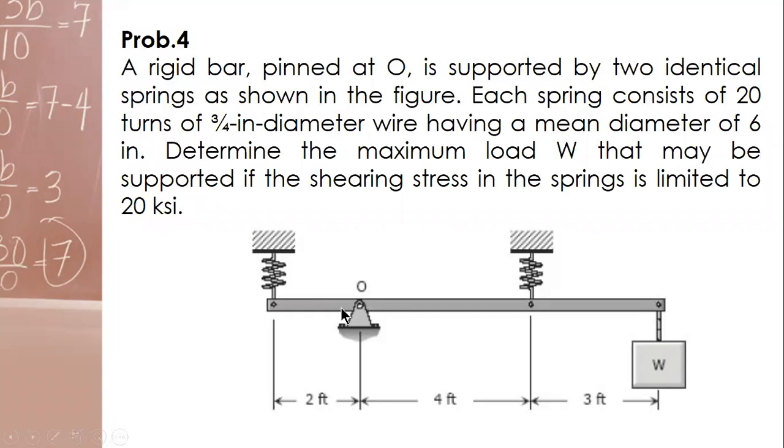Di ba? Sige. A rigid bar pinned at O is supported by two identical springs, meaning pareha sila diameter, pareha sila number of turns, pareha sila og G, what else? Diameter of wire given, although given, pero pareha gyapon identical man. All properties equal sila.